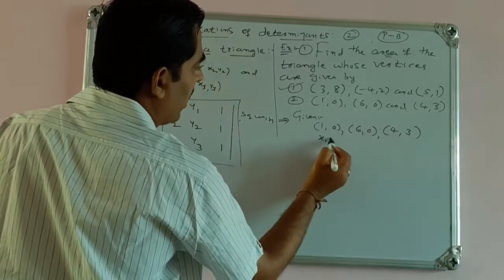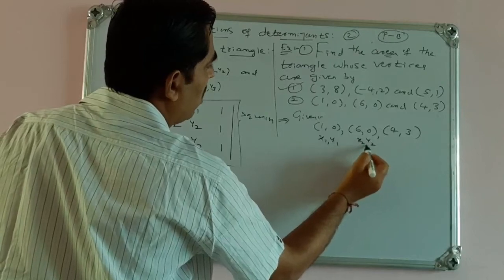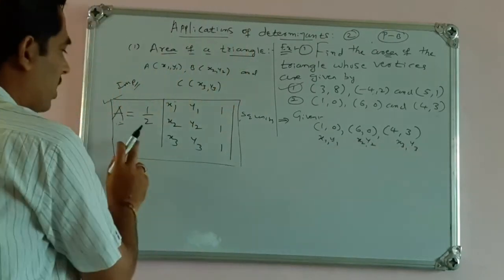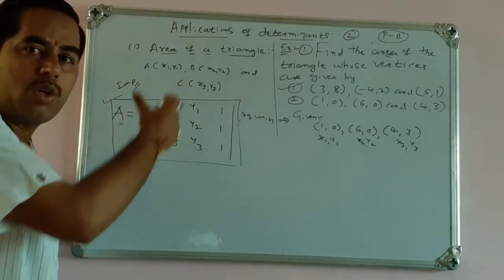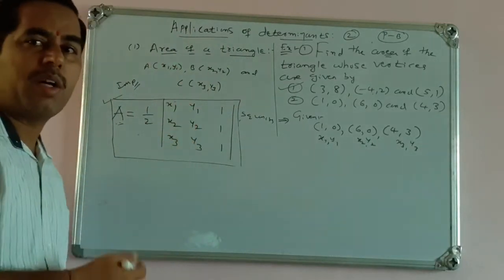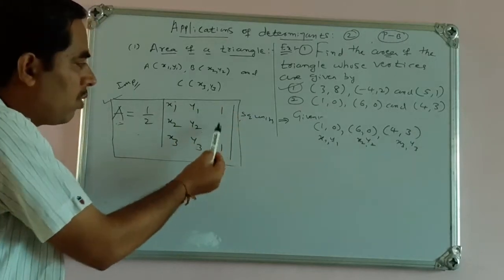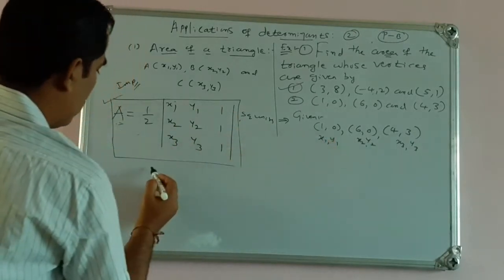You think of this as x1, y1, then second vertex as x2, y2, then third vertex as x3, y3. So you write the formula. So what is the formula? Area is equal to, column wise, you can remember easily, x1, x2, x3, y1, y2, y3, last column is 1, 1, 1. You can replace here.